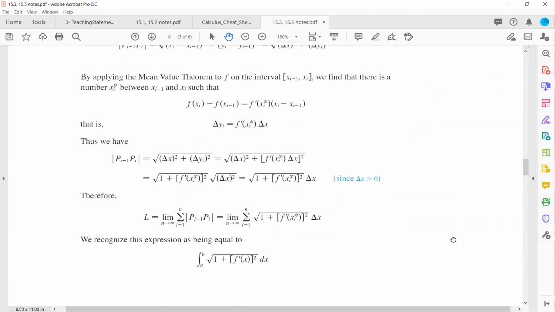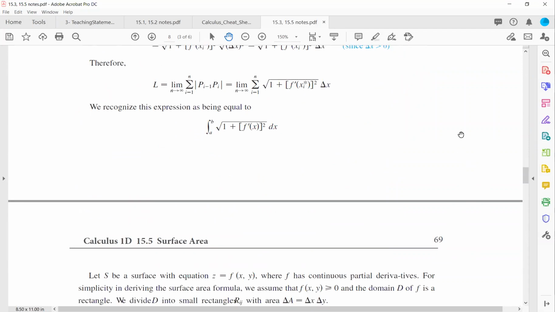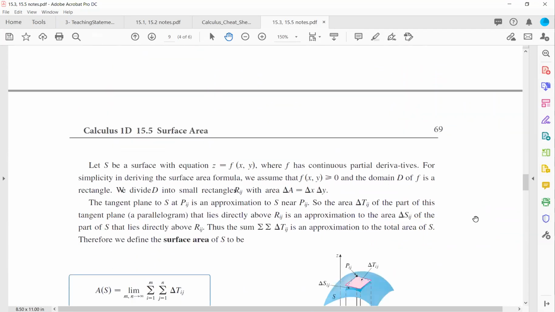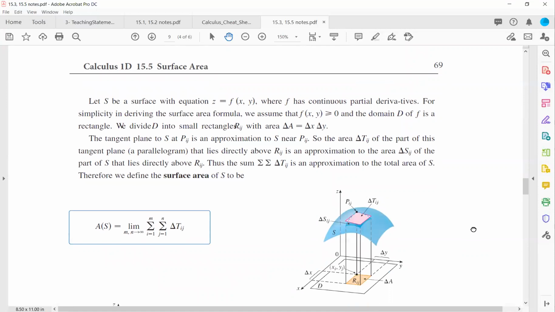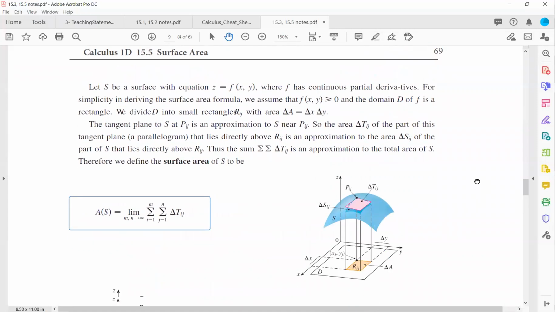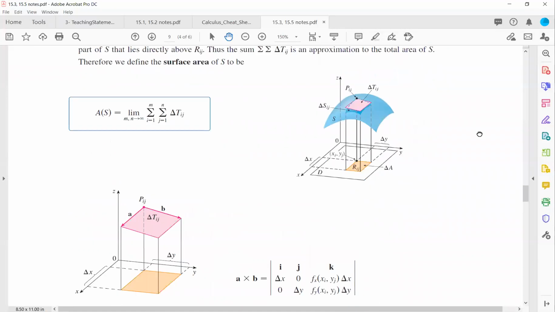So this is the algebra behind it. To define a surface area for a function, you just cut the surface into very small rectangular shapes. If you add them all together, then you actually form the surface.